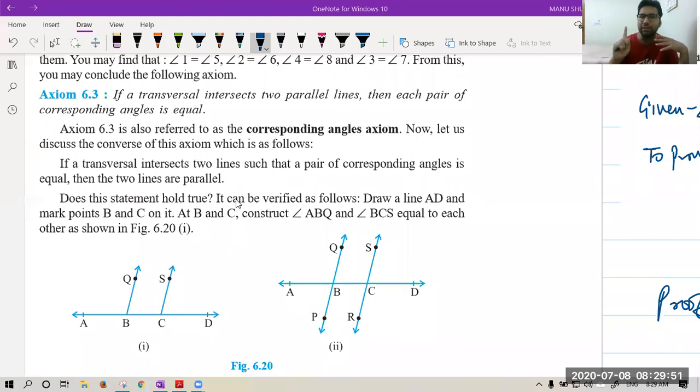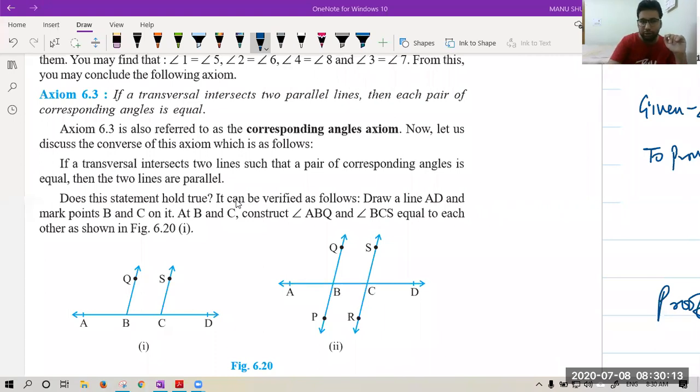So the first thing we learned is that all the pairs of corresponding angles are equal if the lines are parallel. Class, I hope you got this. We have seen this thing. Now this is axiom number 3. You have to write this and there is no proof of it.